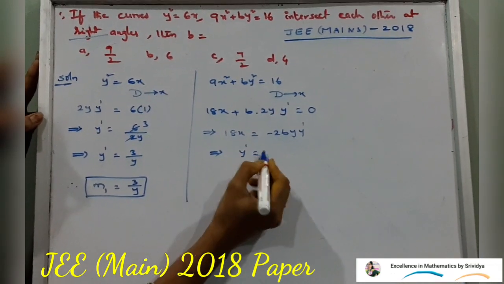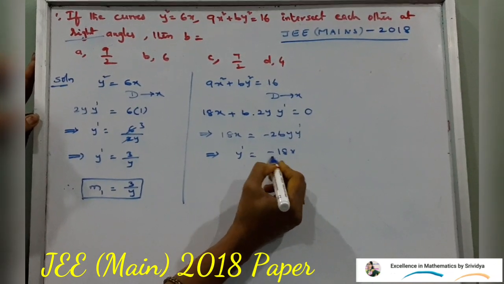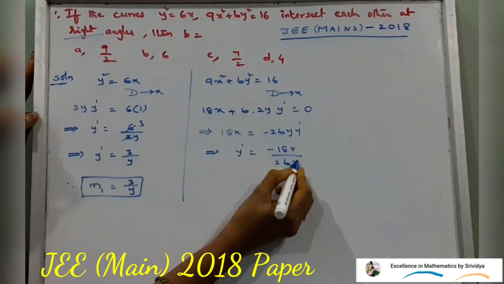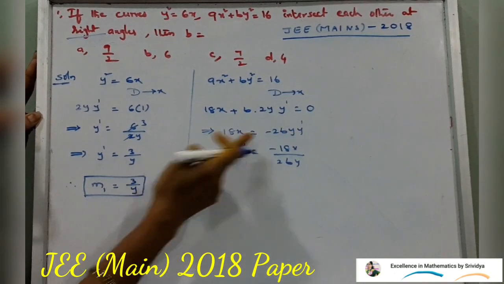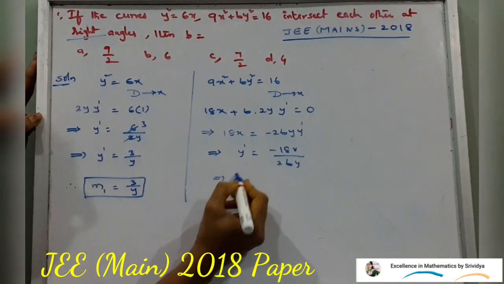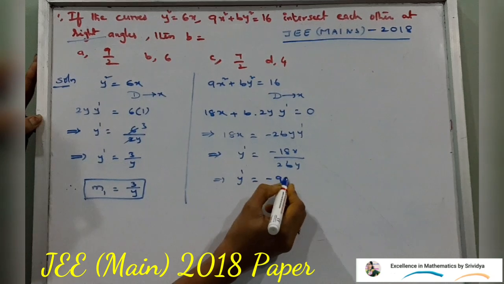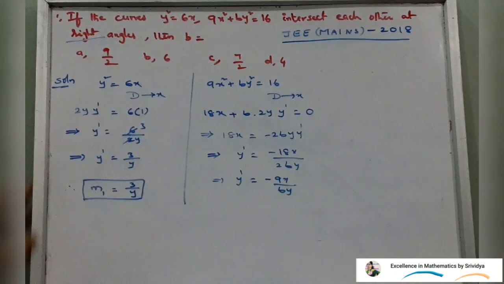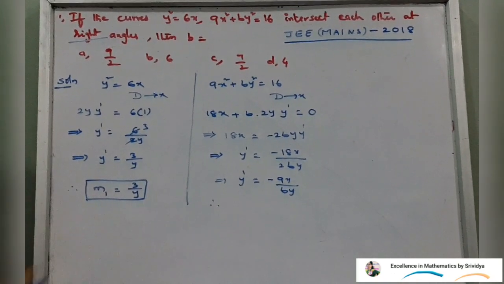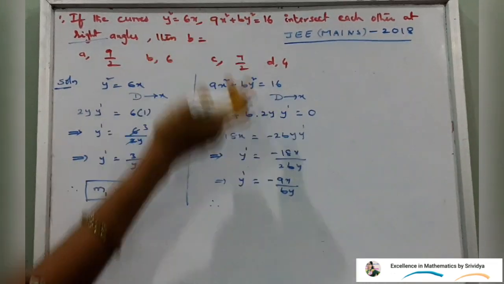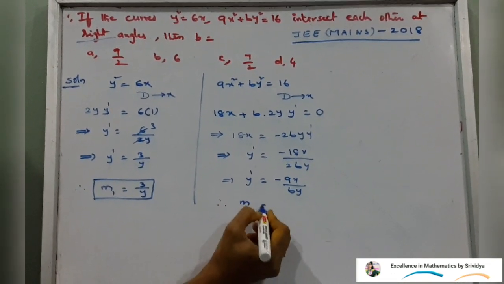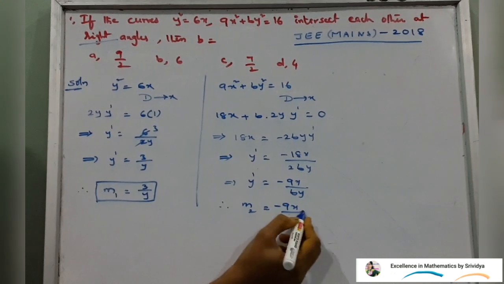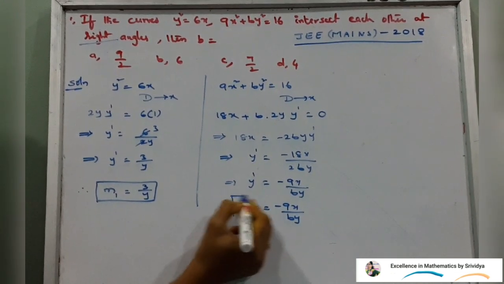So y dash is equal to minus 18x by 2by, which implies y dash is equal to minus 9x by by. Therefore, the slope of the second curve, denoted by m2, is minus 9x by by.